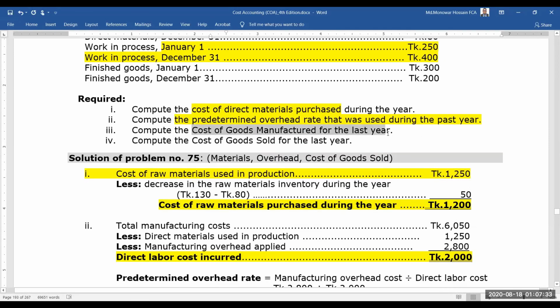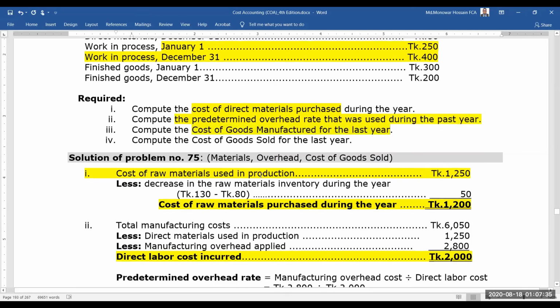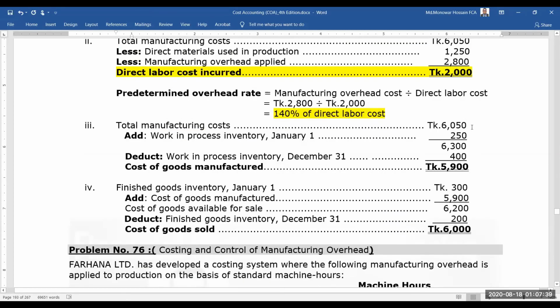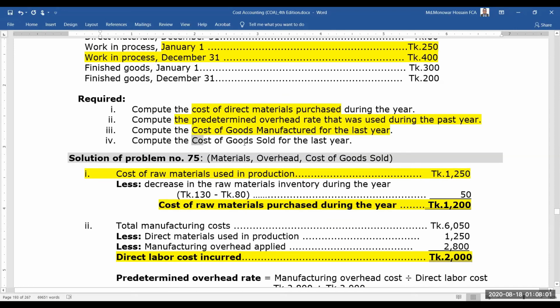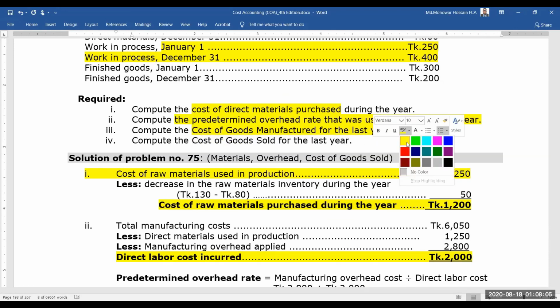Cost of goods manufactured for the year. Total manufacturing cost 6,050. Add work in progress inventory 1st January and less work in progress inventory 31st December 400. Then we will get cost of goods manufactured 5,900. Number 4, cost of goods sold for the last year.